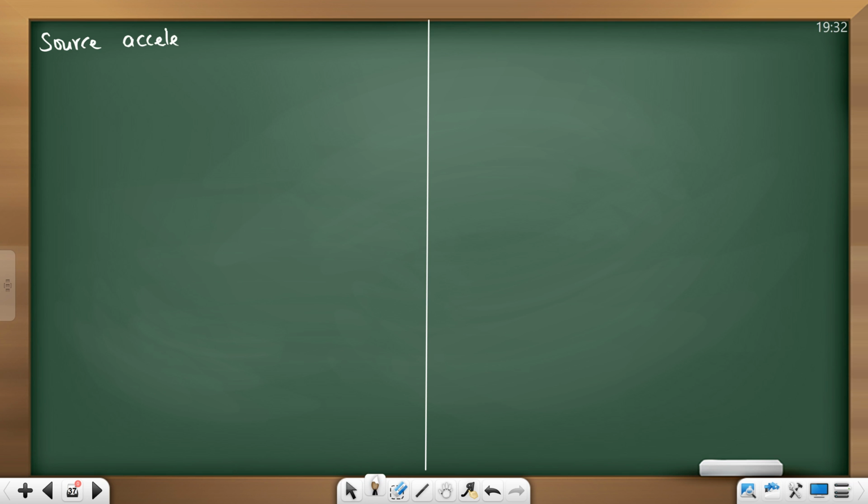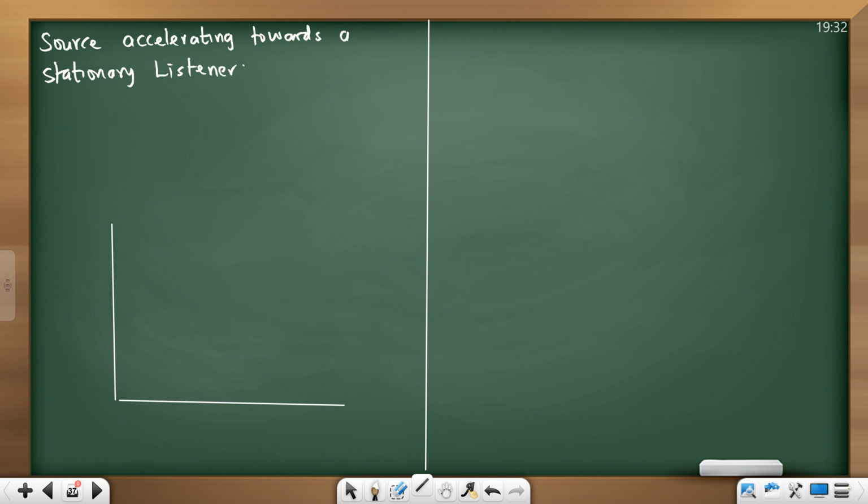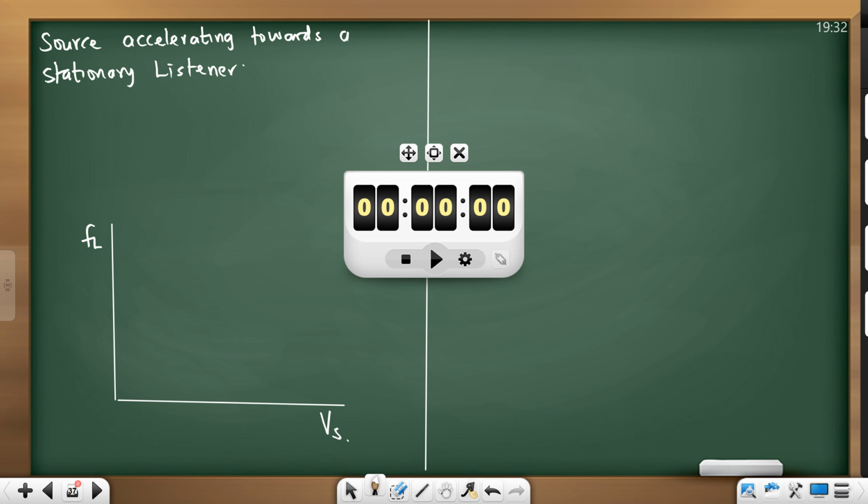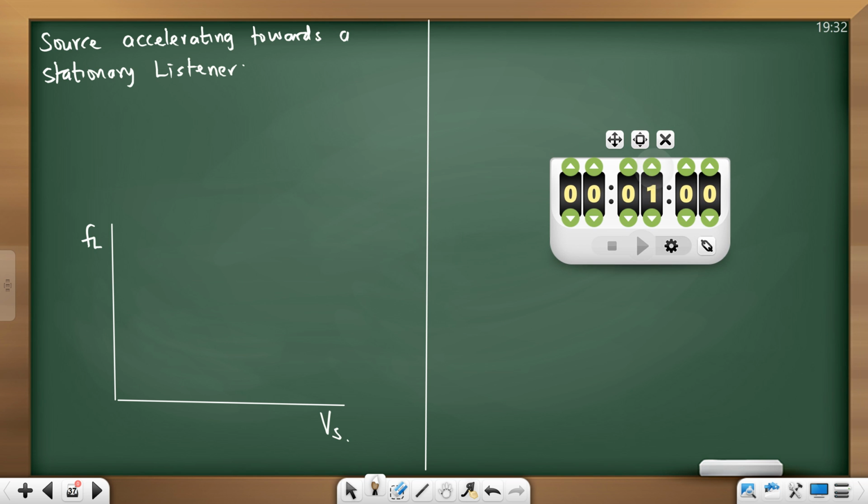Please check, it is the source that is moving now, accelerating towards a stationary listener. Quickly, you have 5 minutes. Interpret. I want you to draw the graph. Source moving towards a stationary listener: velocity of the source and frequency of the listener. Take your time, quickly interpret. It's 2 marks, but because I'm just explaining this to you, I'm giving you time.